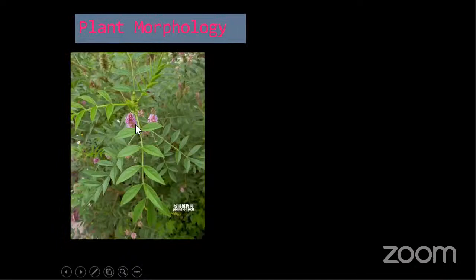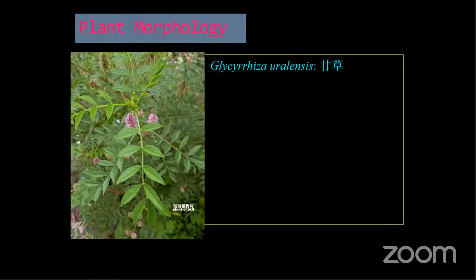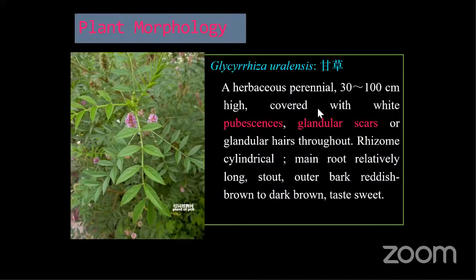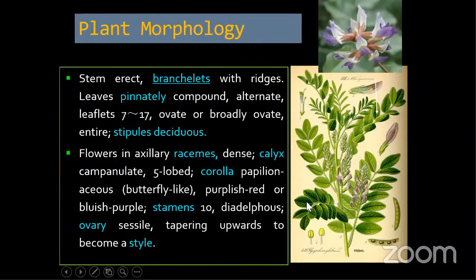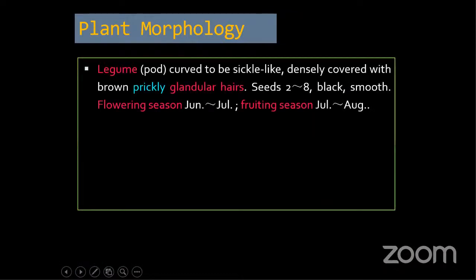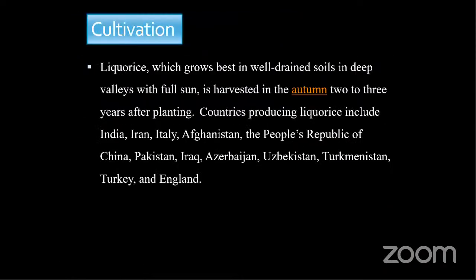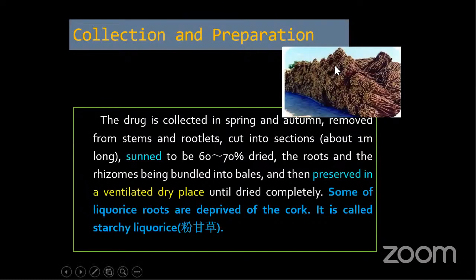So plant morphology, look at the picture. It is a perennial herb, and the stem, flower, and the leaf. The leaf is compound, not single. Here we collect and prepare the crude drug.